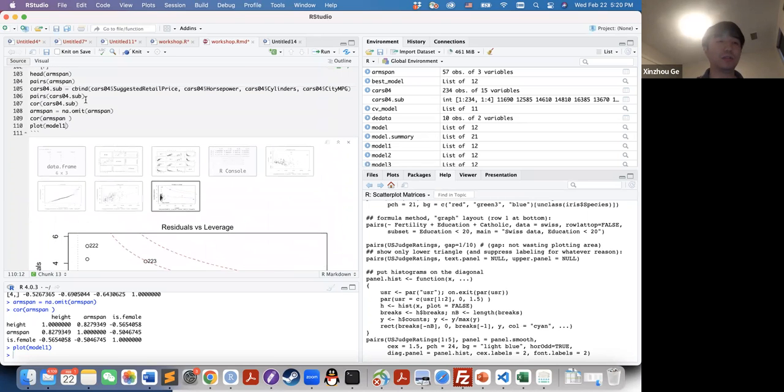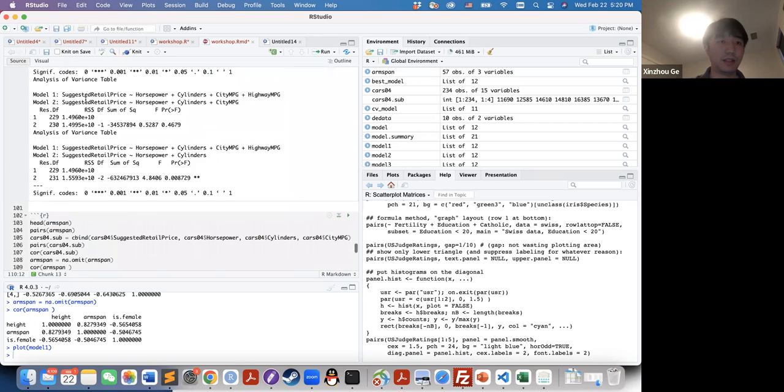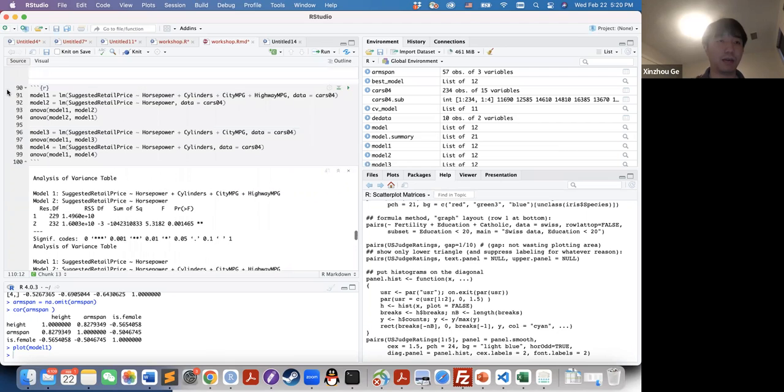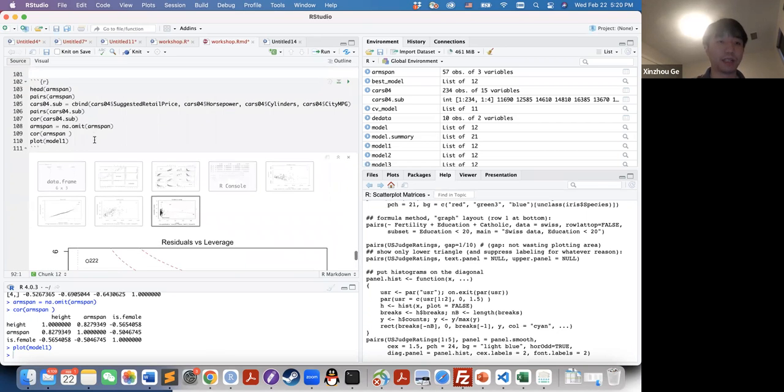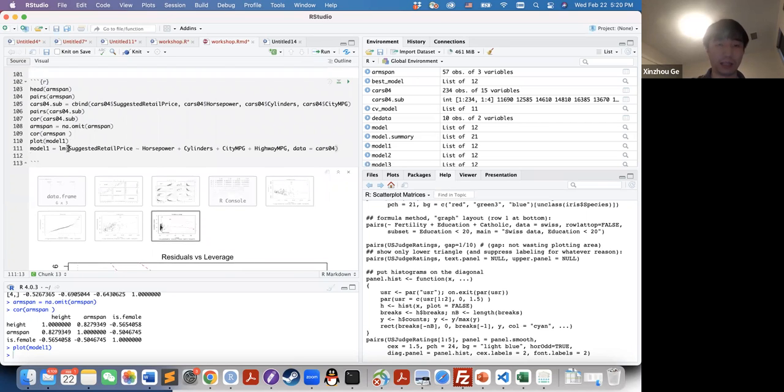And we can also generate another model by doing data transformation. For example, we did log transformation in yesterday's lecture, and we can do the same thing here. So here we have model 5, where the response is the log-transformed suggested retail price.